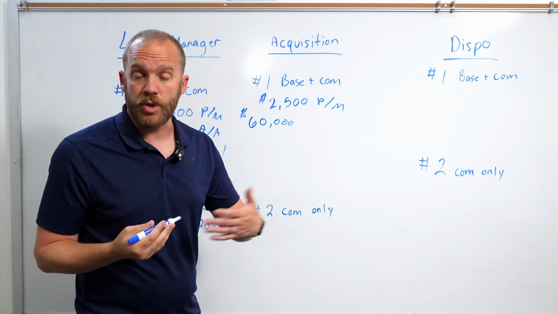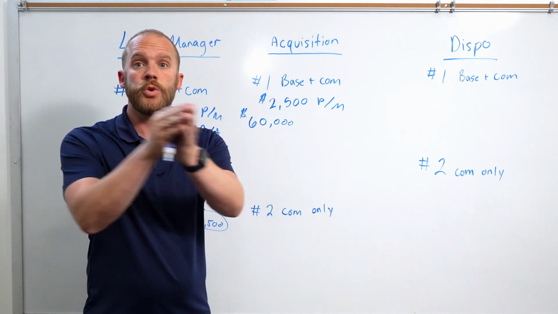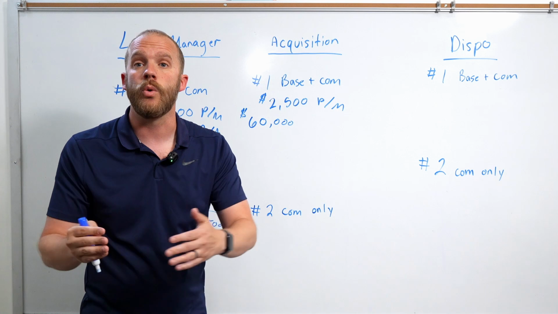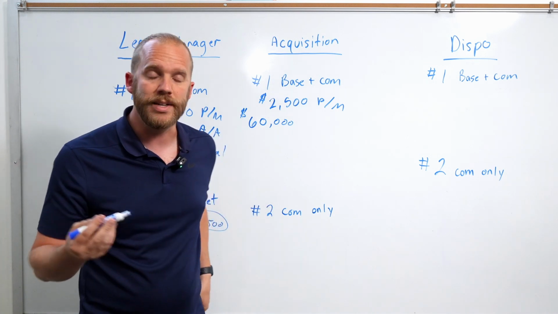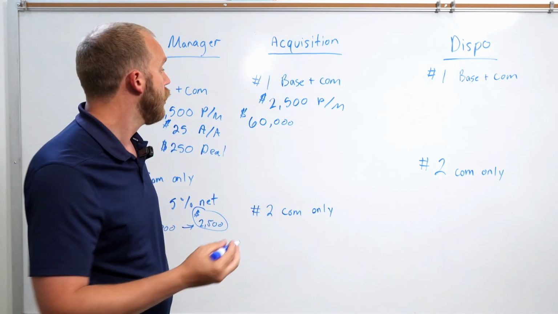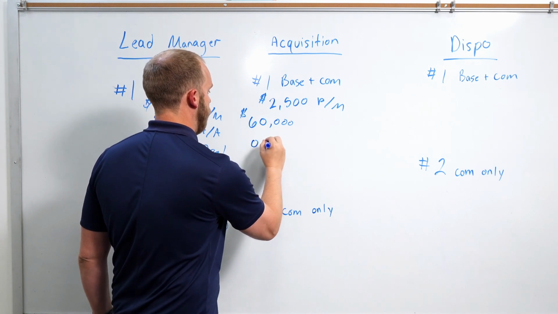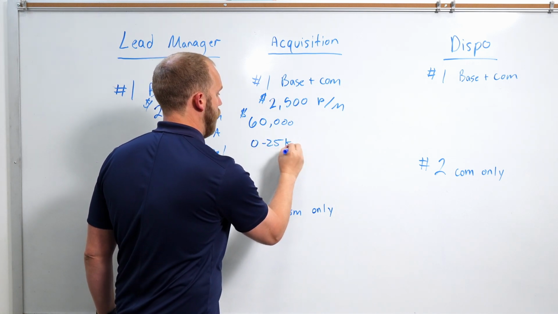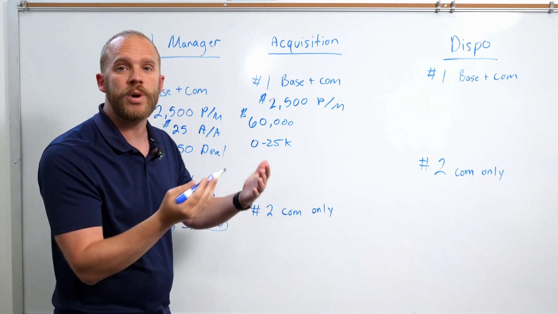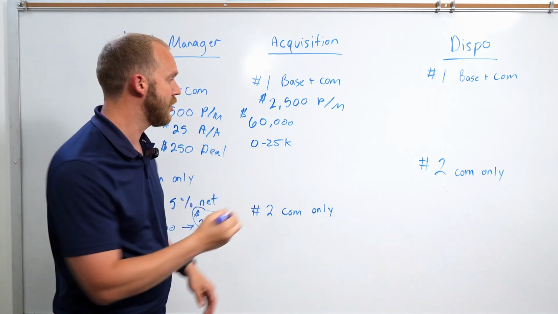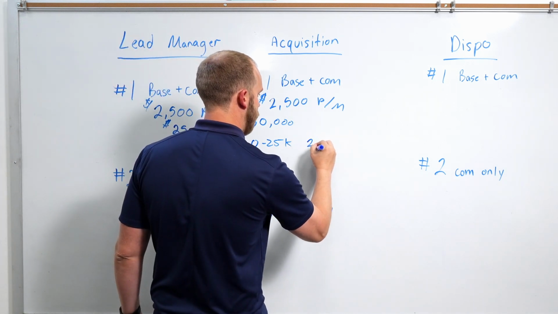Then, remember from your notes, 0 to $25,000, they get 10%. So what is 10% of 25,000? It's going to be $2,500.